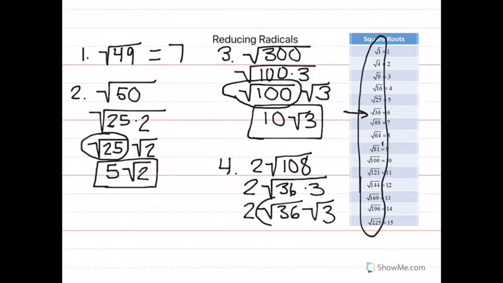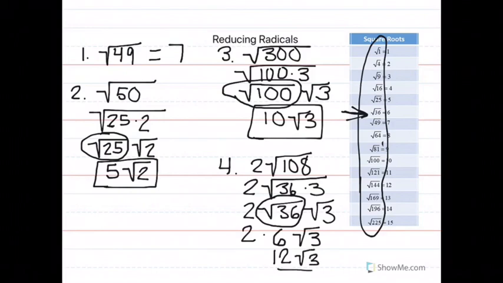Take the square root of that perfect square. Square root of 36 is 6. So when I write this, I'm going to do 2 dot, which means times, 6 radical 3. And then those two numbers in front, you're going to multiply those. 2 times 6 is 12. Bring down your radical 3, and that is your final answer.